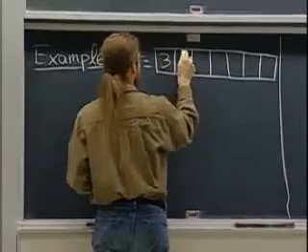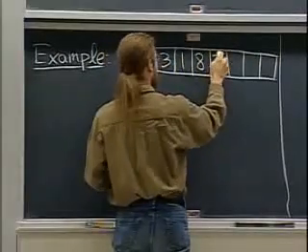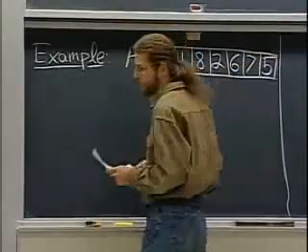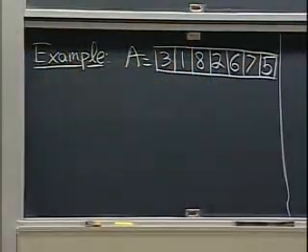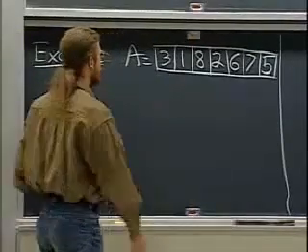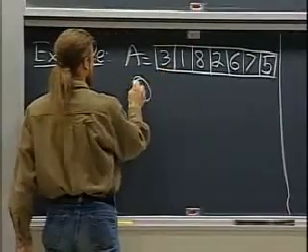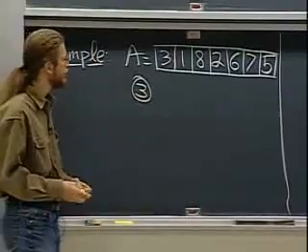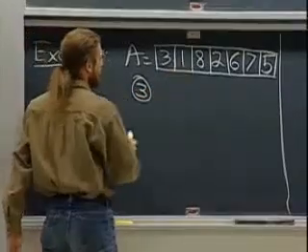So my array is 3, 1, 8, 2, 6, 7, 5. And I'm going to visit these elements in order from left to right and just build a tree. The first element I see is 3. So I insert 3 into an empty tree. That requires no comparisons.